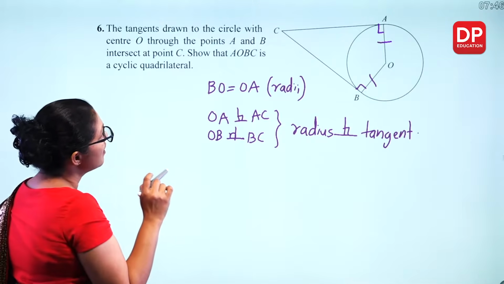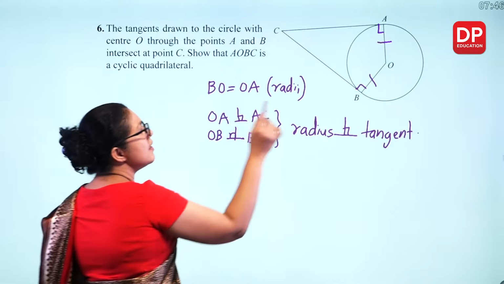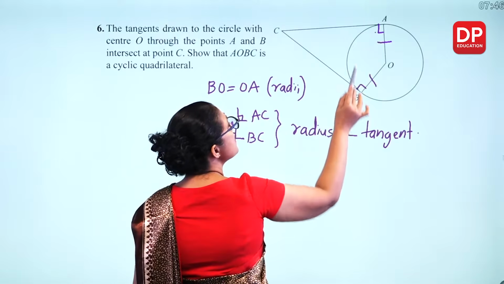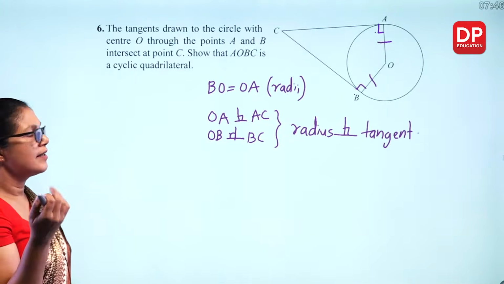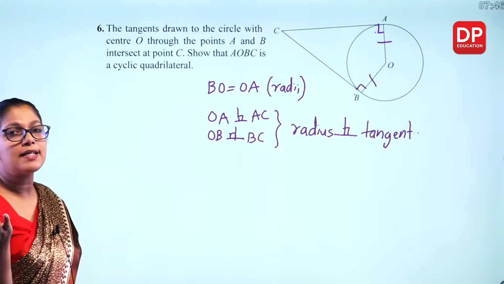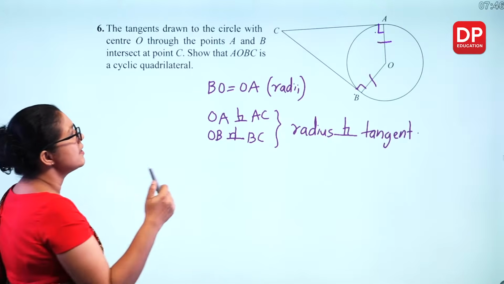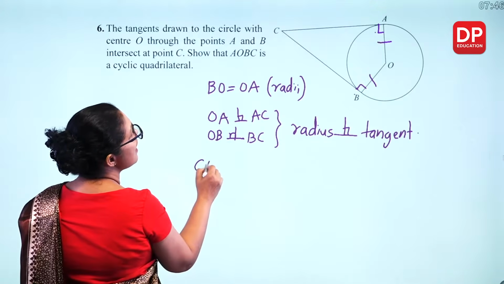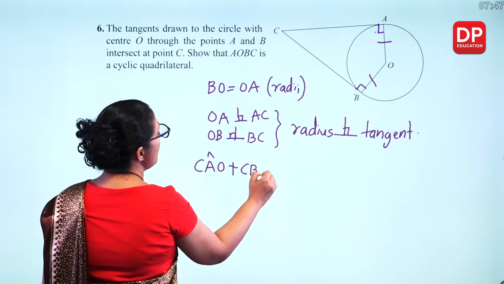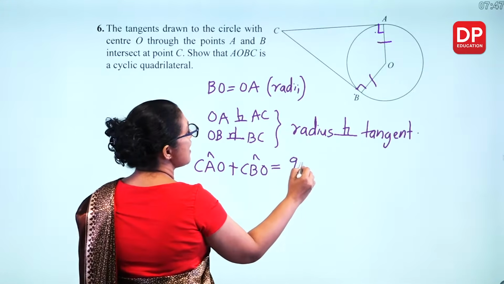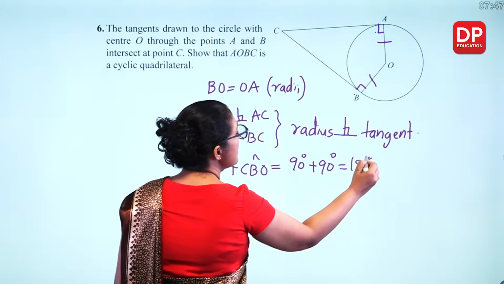Now they are asking, show that this is a cyclic quadrilateral. Look at these two angles. These are opposite angles. Opposite angles add up to 180. When opposite angles add up to 180, that's a cyclic quadrilateral. So we can write angle CAO plus angle CBO, that's 90 plus 90, becomes 180.